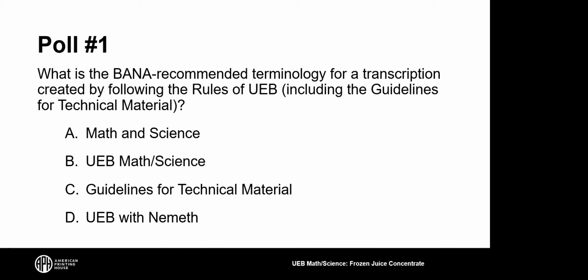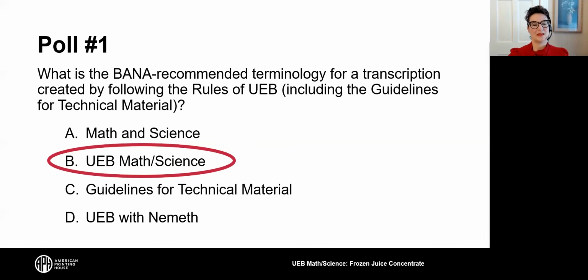We have 14% UEB with Nemeth and 10% guidelines for technical material. You are totally right. The UEB math/science is the BANA approved terminology for a transcription that uses math and science symbols and is transcribed just according to rules of UEB, which includes the guidelines for technical material.